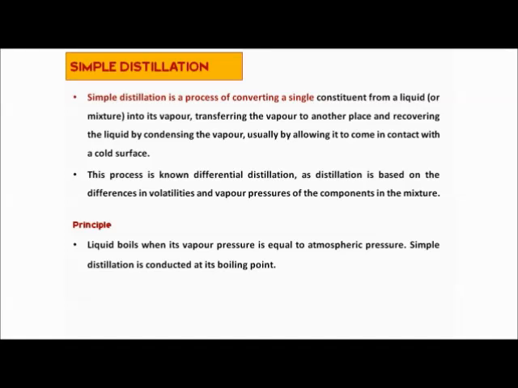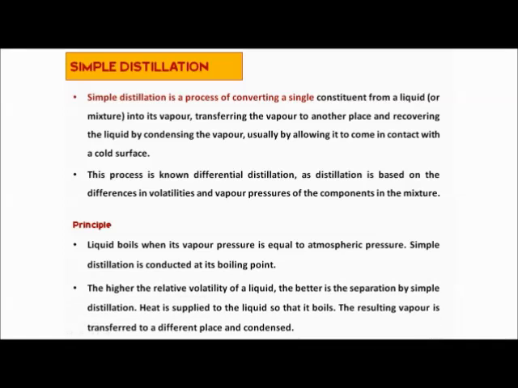So simple distillation is conducted at its boiling point. I repeat, the simple distillation process is conducted at its boiling point. Boiling point of what? The boiling point of the component which we want to separate. So the higher the relative volatility of a liquid... now what is relative volatility? We have already discussed it in our previous class.